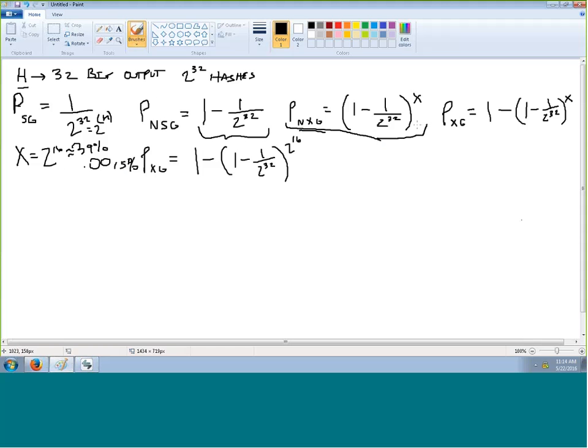What I want is to get my probability about equal to 0.5, right? That's about the place that we're going to be likely to see a collision. So I can solve for x. Let's say 1 minus 1 over 2 to the 32nd, to the x equals 0.5, right? Because my probability is 0.5. That's about when we're probably going to have a collision.